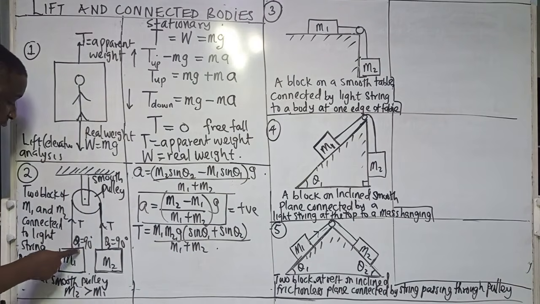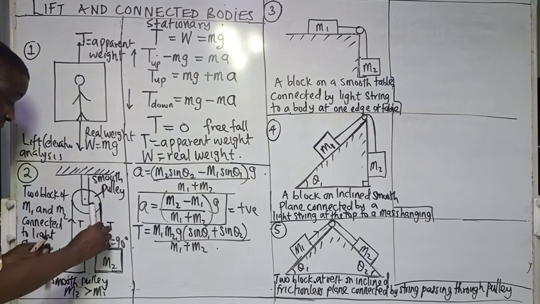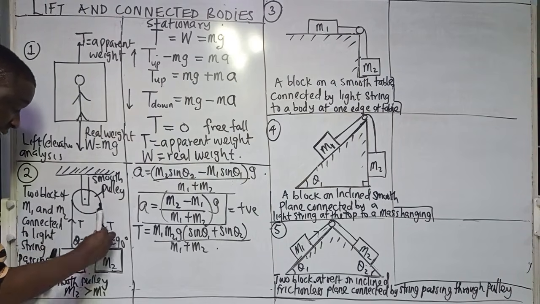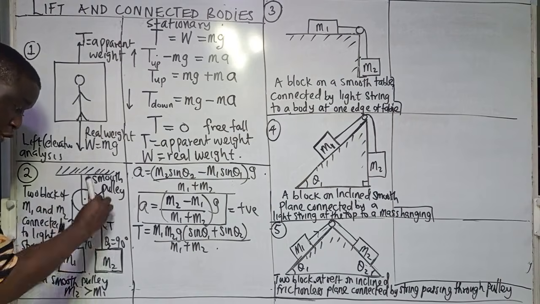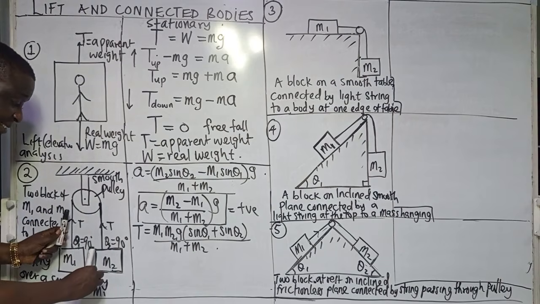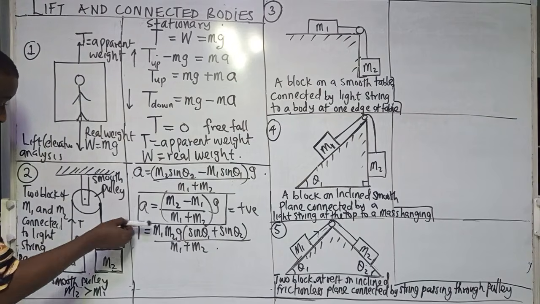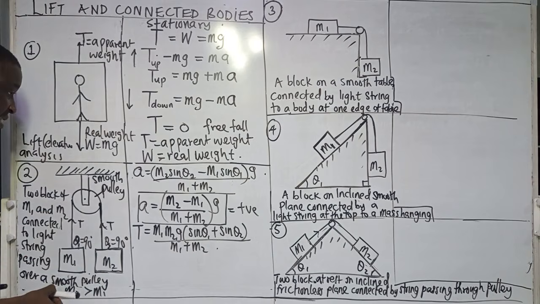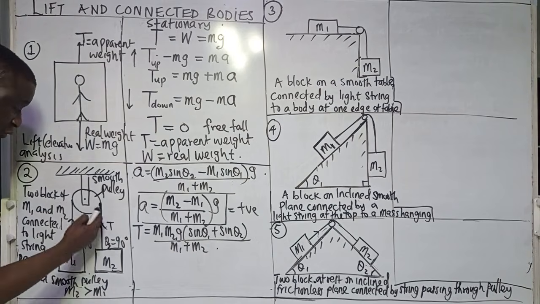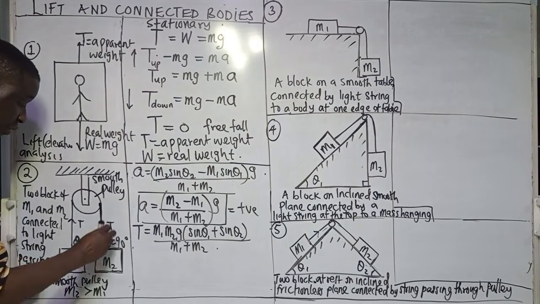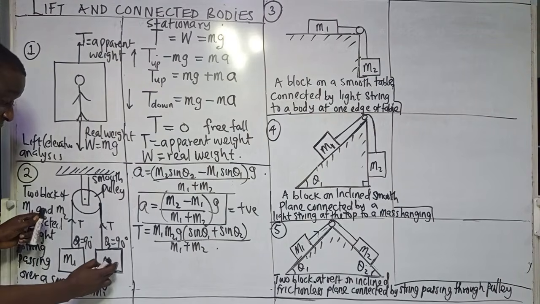Now what is theta 1? Once a block is sliding upward, the movement of the block up and down is taken as 90, while sliding forward or backward horizontally is theta equal to 0. Since these two are sliding up and down, if this one is going down, this one is going up, because this one is heavier than this.